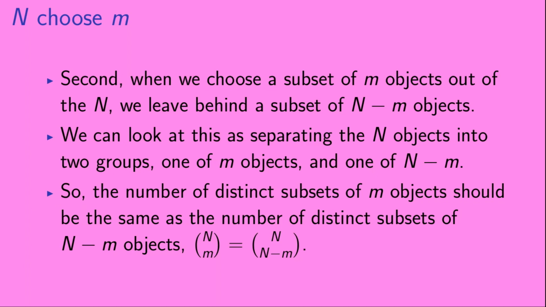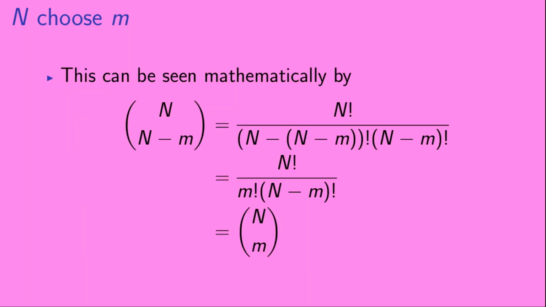So n choose m should be equal to n choose n minus m. And we can see that mathematically by writing out the expression for n choose n minus m. So we get n factorial divided by n minus m factorial divided by n minus m factorial, which is equal to n factorial divided by m factorial divided by n minus m factorial. And that's just n choose m.